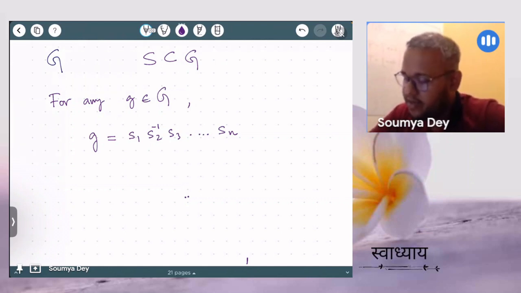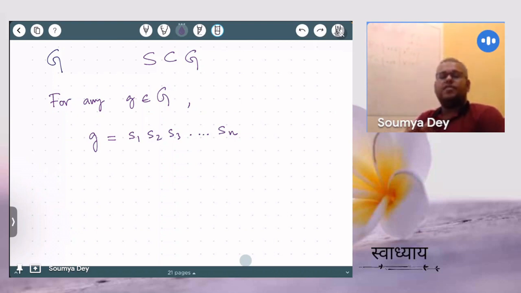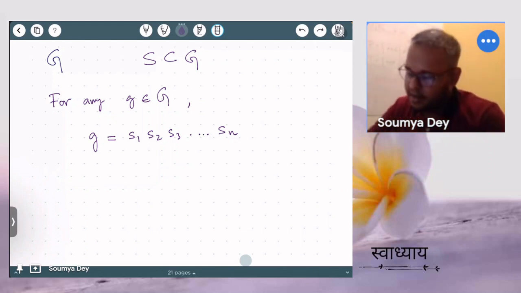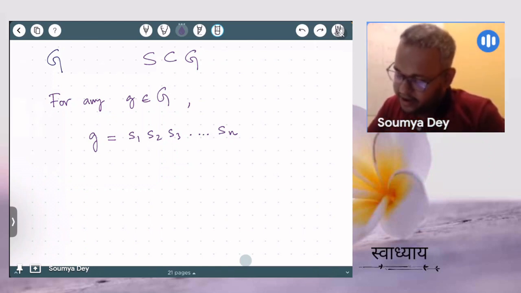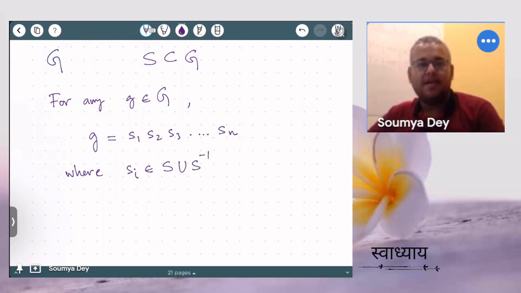So what I mean is, any element in the group G can be written as a product of elements from S or their inverses. So I want g to be S1, S2, up to Sn, where these S_i belong to either S or S inverse. What is the meaning of capital S inverse? I'll collect all inverses of elements in S.